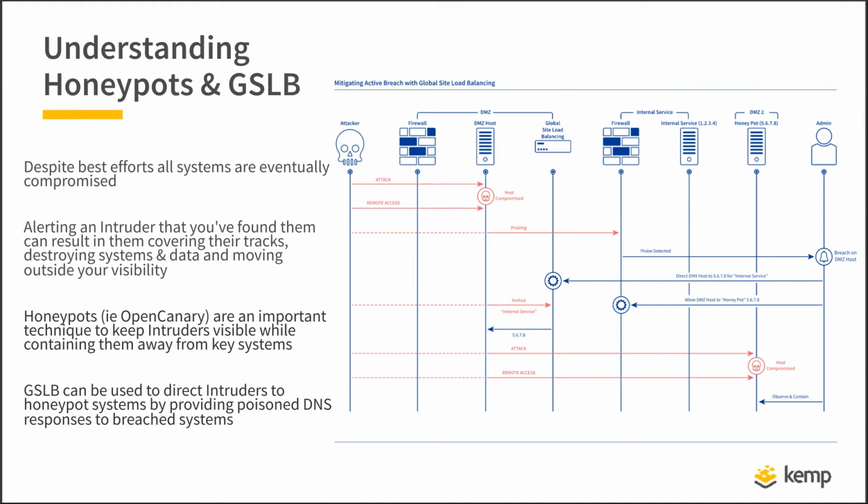You don't yet know if that's the only host that they've compromised. And all you're really doing is signaling to that attacker that they're there, and they're going to be much more cautious, cover their tracks, and possibly even destroy systems or data, and then just move out of your line of sight. So honeypots are a really effective technique.